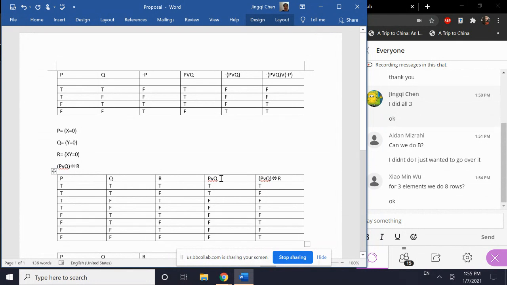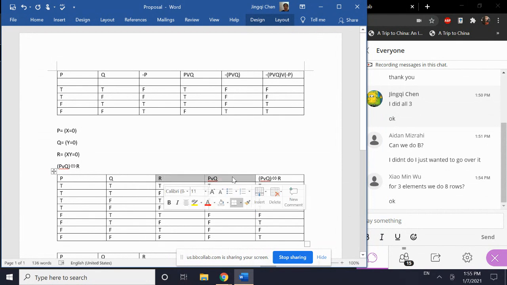So P or Q, I found all of the possible combinations, and then taking this, I would use it to solve for the final statement.